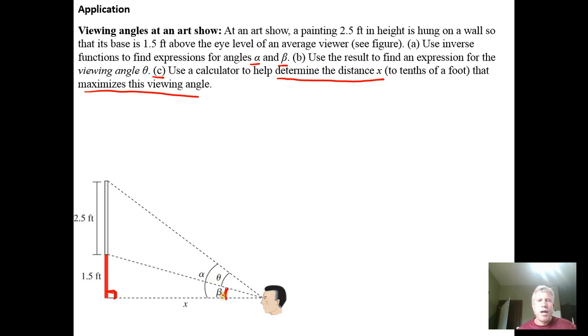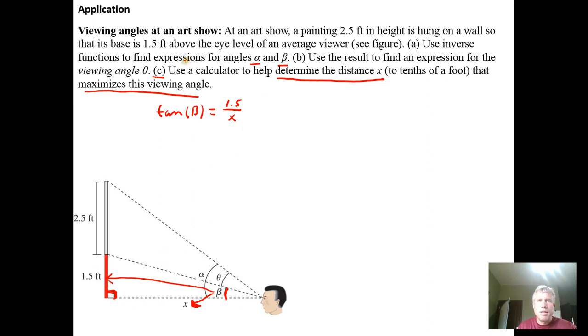I know the side opposite beta is 1.5 feet and the side adjacent beta is x, which means I can describe the situation using the tangent function. The tangent of beta is the side ratio given by the side opposite beta and the side adjacent beta.